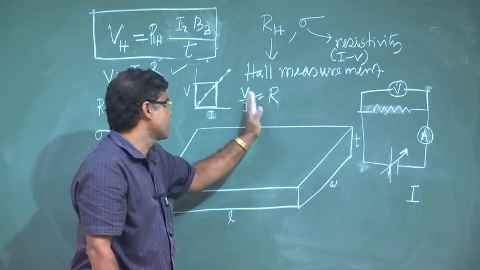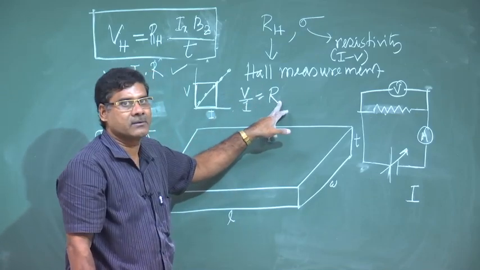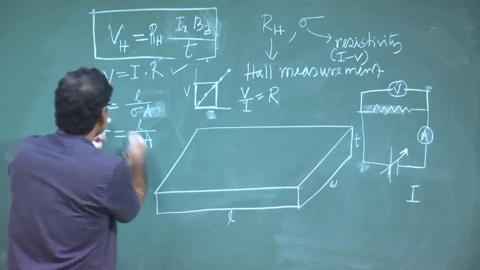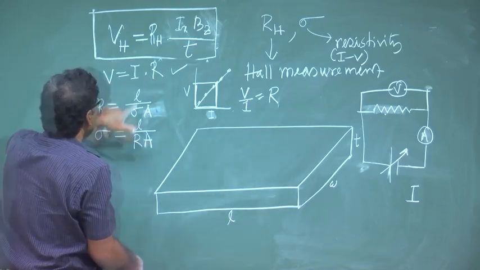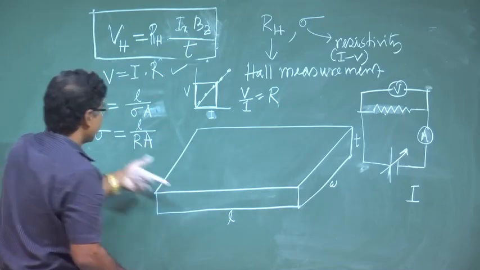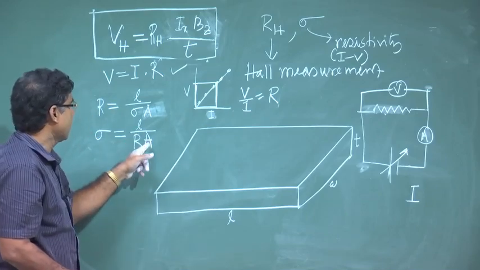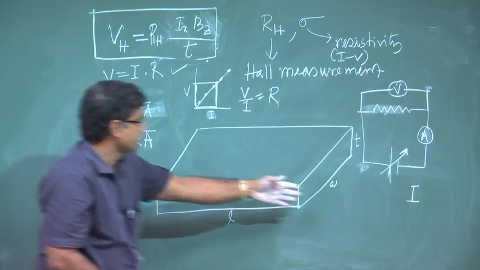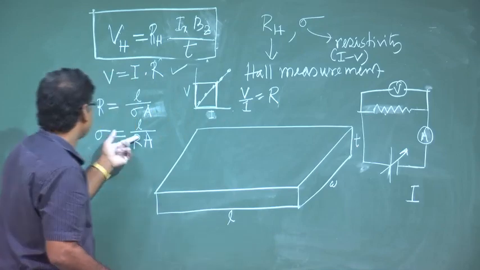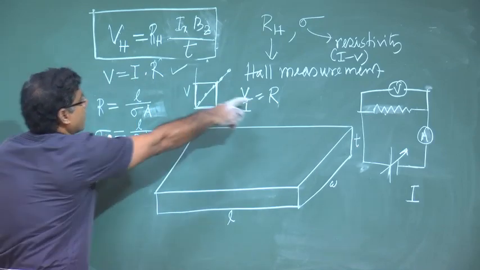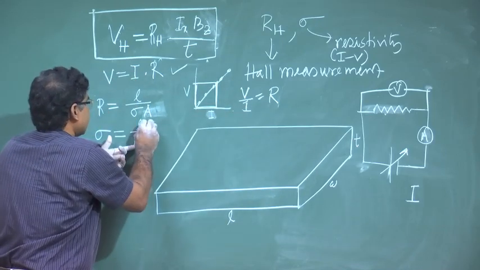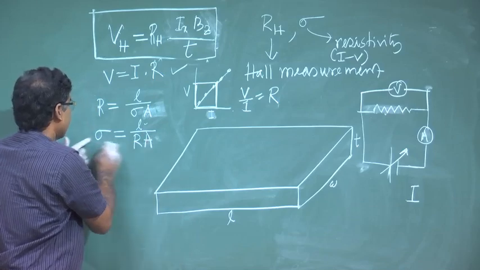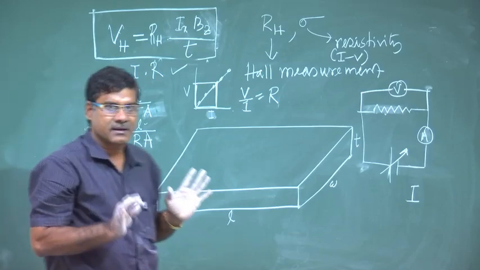Experimentally I measured and got the R value. I know the geometry of my sample: L, A is width times thickness, W t. Then R I got from my experiment, the geometry from this, and then I will get sigma. So, these are the things.